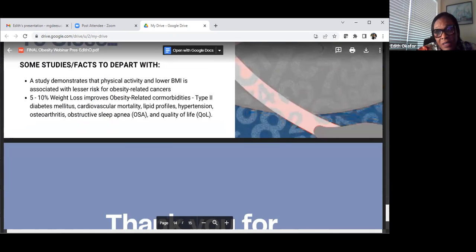So to close today, I would say that studies demonstrate that physical activity and a lower BMI are associated with less risk for obesity-related cancers, like we mentioned. And then 5 to 10% of weight loss improves obesity-related comorbidities, like the type 2 diabetes mellitus we just talked about, cardiovascular mortalities, lipid profiles.